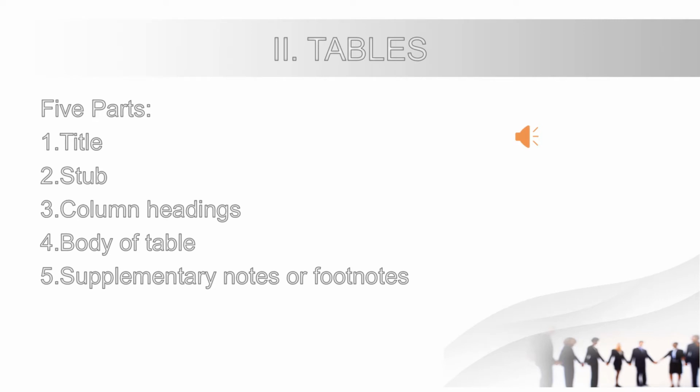For example, in univariate tables, which display information about one variable, the column heading is usually the number of respondents and or the percentage of the respondents. Whereas in bivariate tables, which display information about two variables, the subcategories of one of the variables are displayed in the column headings. That is what we know as your caption or column headings.